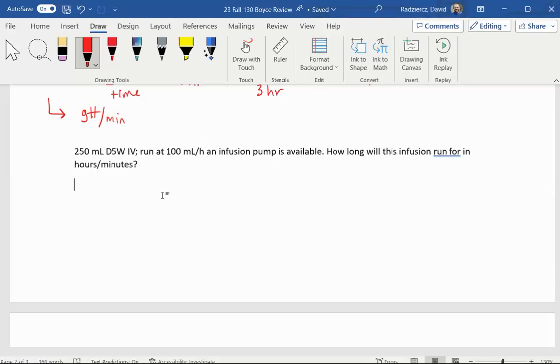So what I'm going to do is set this up using dimensional analysis to answer that question. Now, if you use something other than dimensional analysis, that's perfectly fine. It'll work out. You can do ordered over available to some extent with this one.